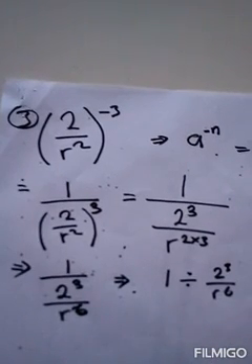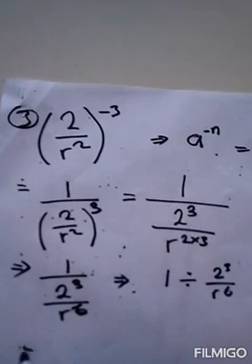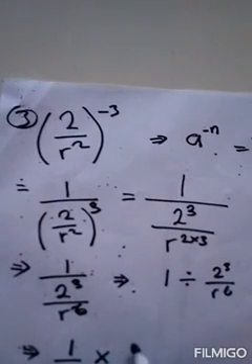If you want to make 1 a fraction, you just put 1 over 1, then multiply. When you are changing the fraction sign from division to multiplication, you swap the numerator and the denominator, so it becomes r to power 6 over 2 to power 3.